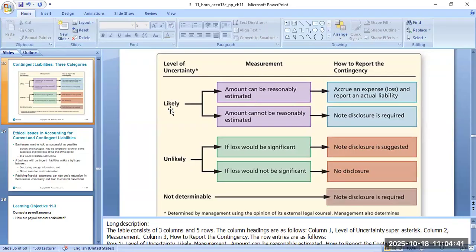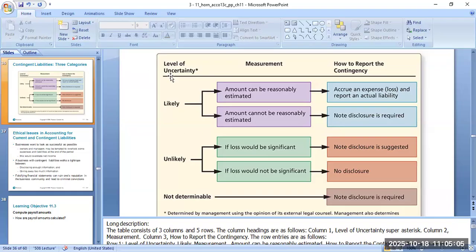It's likely to happen. Can we measure it? Yes, the amount can be measured. Then we have to accrue the expense with the general entry. Now, if it's most likely going to happen, but we cannot measure it, we cannot reasonably estimate it, then we have to make a disclosure in the financial statements.